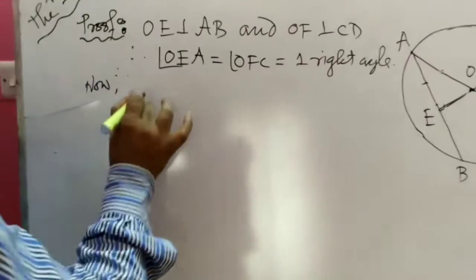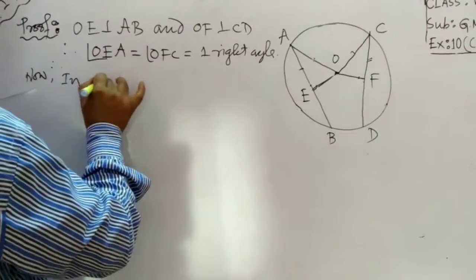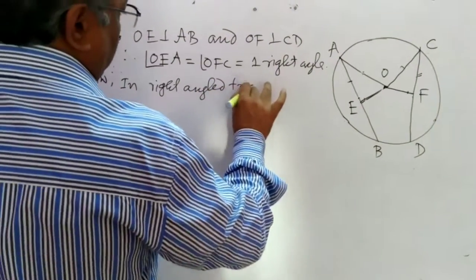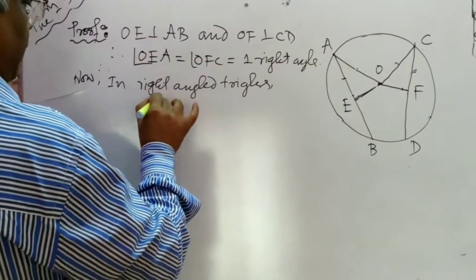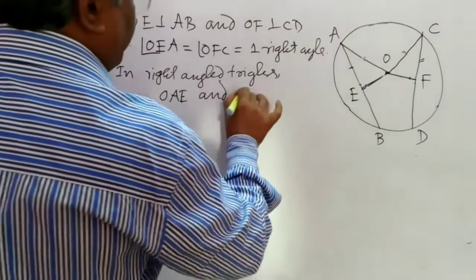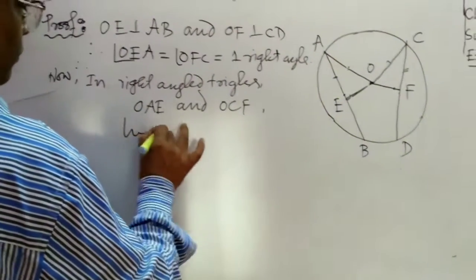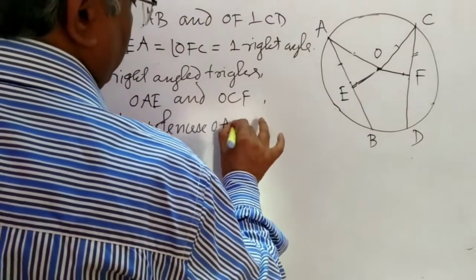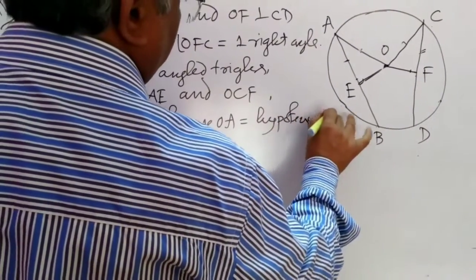Now, in right angle triangles OAE and OCF, hypotenuse OA equals OC.